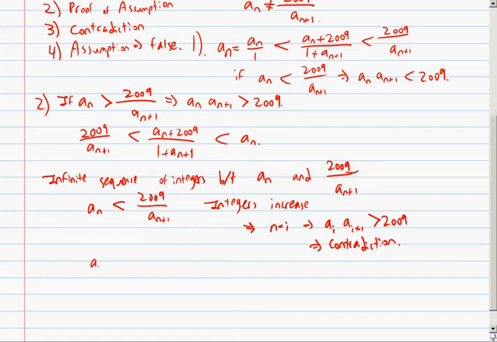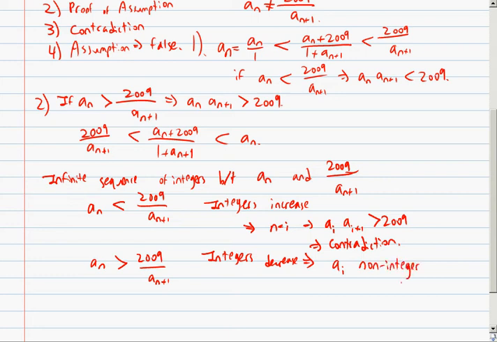If a sub n is greater than 2009 over a sub n plus 1, then the integers in the sequence would be decreasing. And when they're decreasing, at some point, a sub i would eventually be a non-integer.